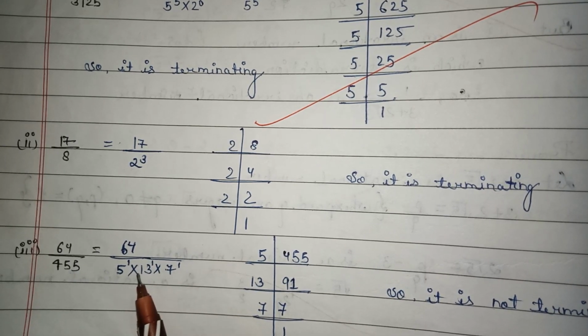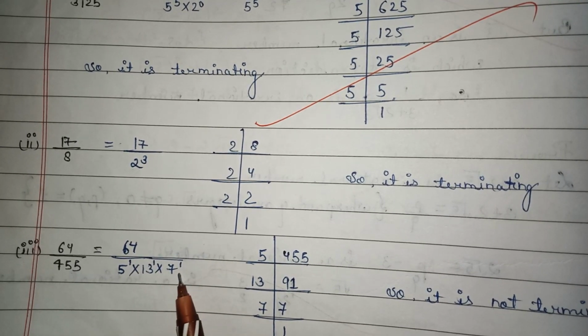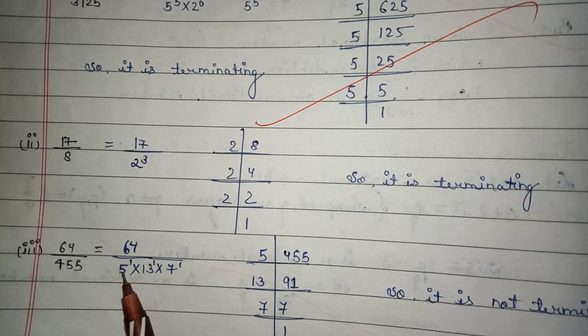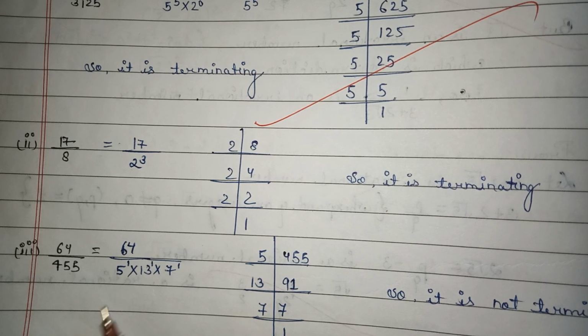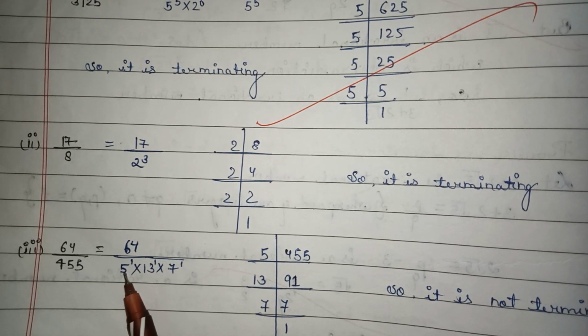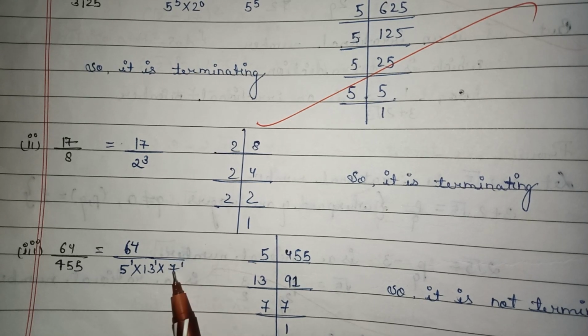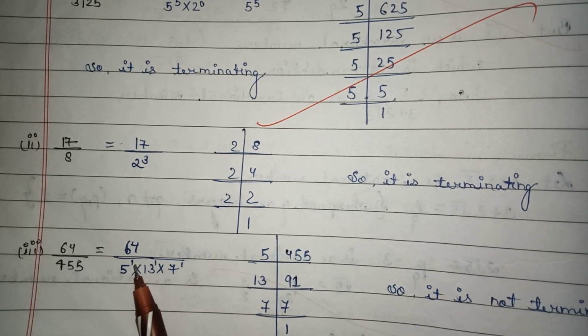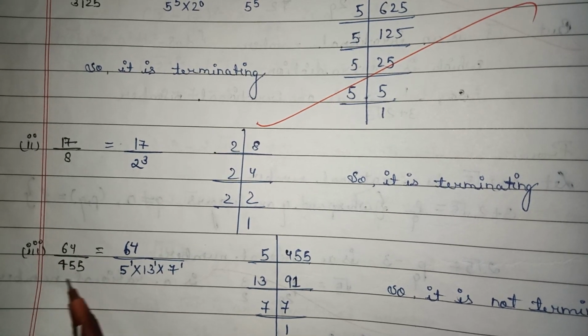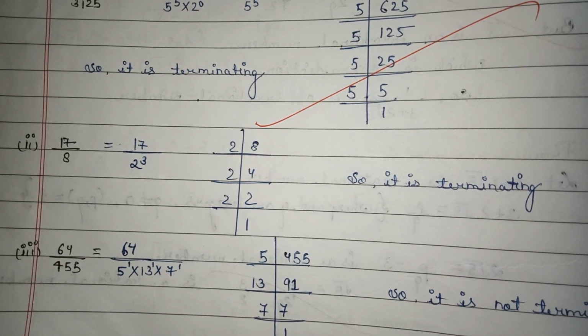Now we can see that there are 13 and 7 also along with 5. According to the theorem, if we get any factor other than 2 and 5, then the decimal expansion of this rational number will be non-terminating. So we can clearly say that this number has a non-terminating decimal expansion.